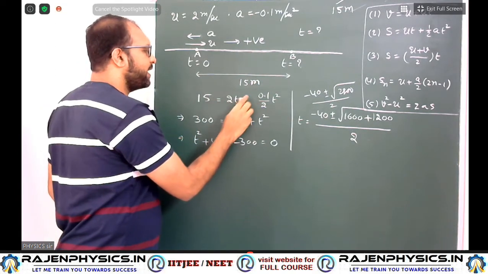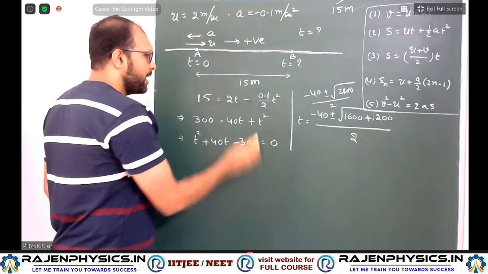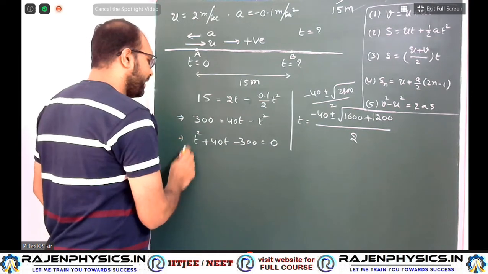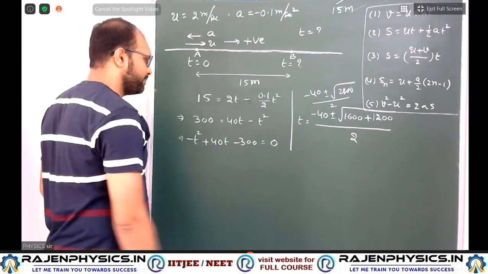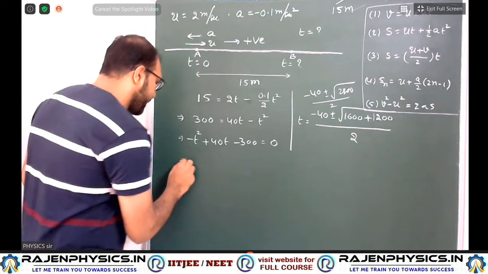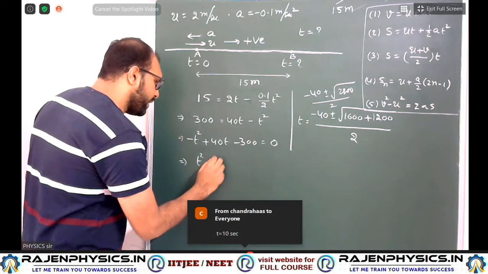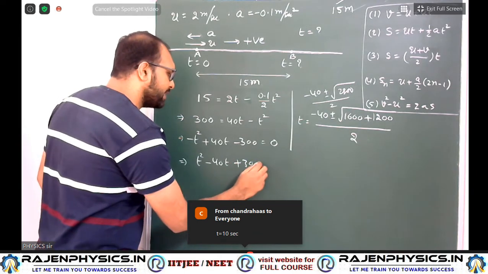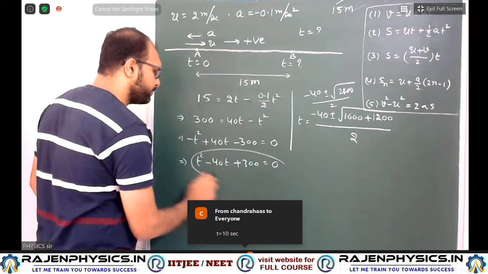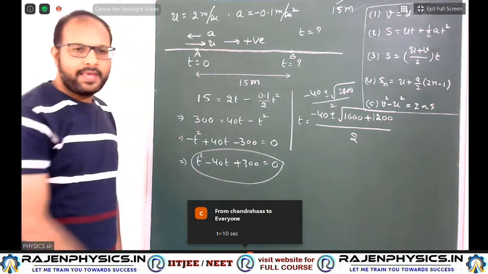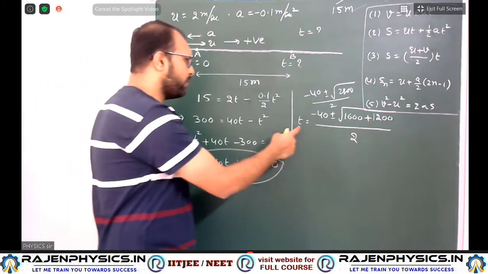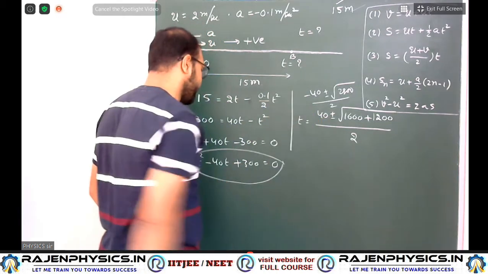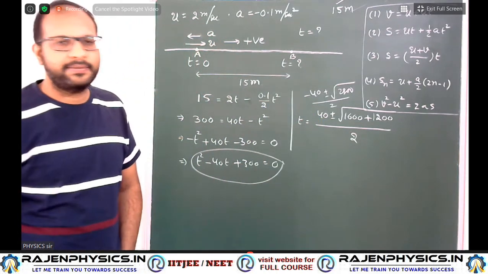That's why here minus. Then you can write t square minus 40t plus 300 equal to 0.